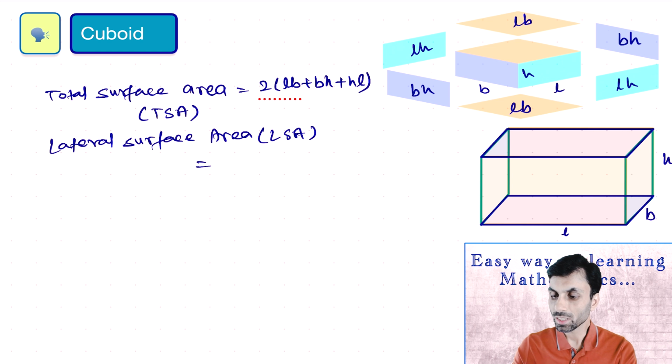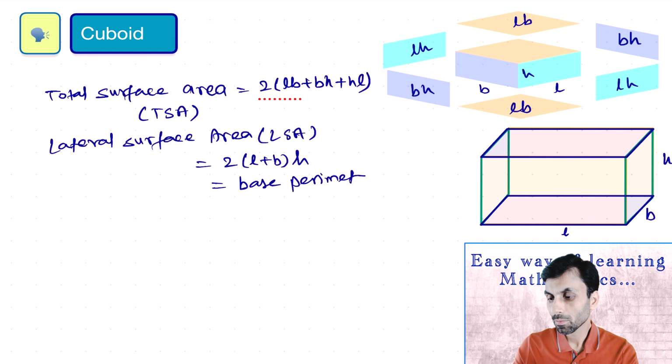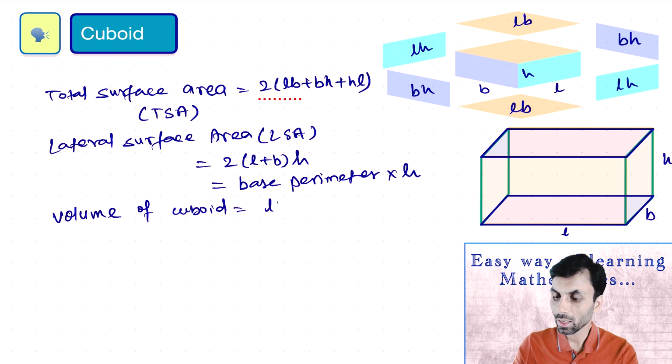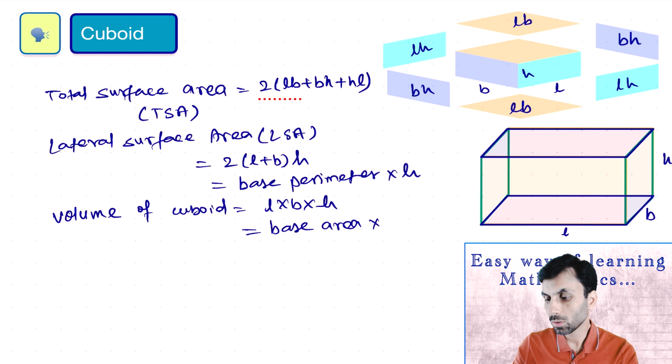So when we leave the top and the base surface, we will get 2 times L plus B into H, which can also be written as base perimeter into height. Now next we'll talk about the volume of a cuboid. The volume of a cuboid will be L into B into H, which can also be written as base area into height.